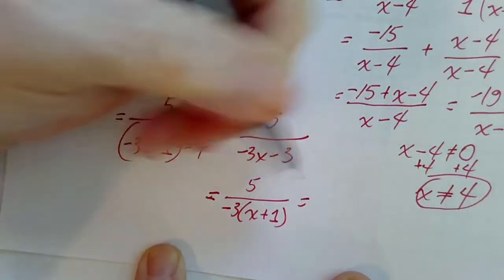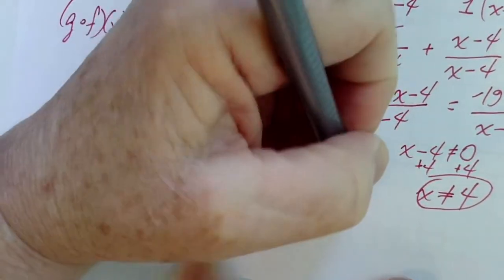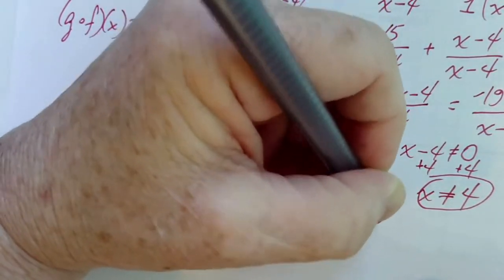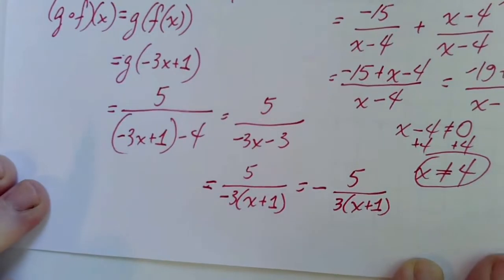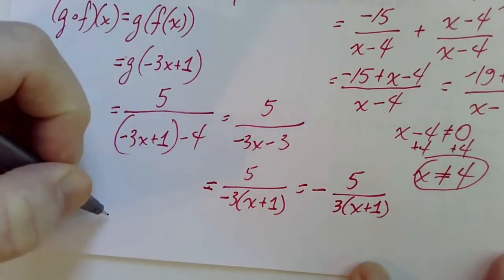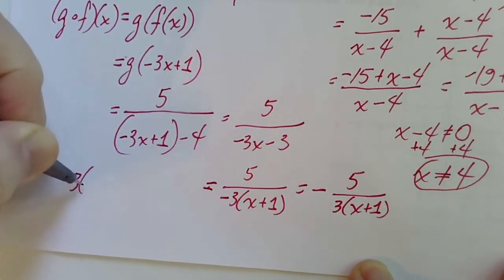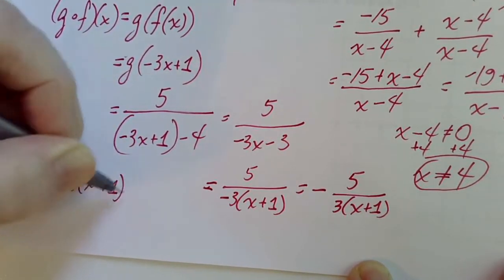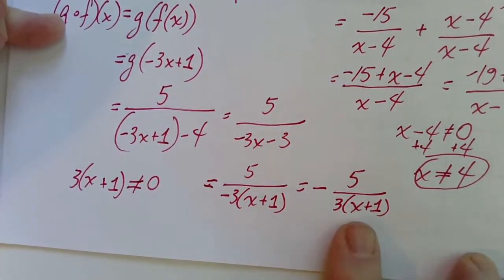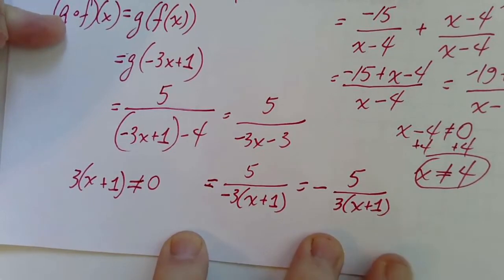So I'm going to move this fraction out front. I've got 5 over 3 times x plus 1. And I need to write down the value that we cannot use for x. So I want 3 times x plus 1 not to be 0, because I do not want 0 in the denominator.